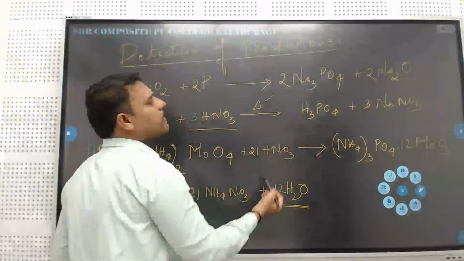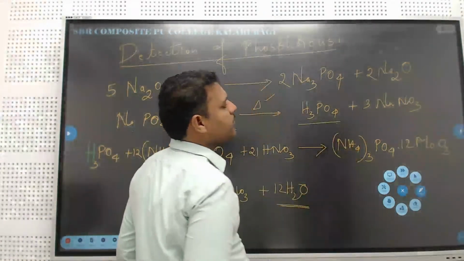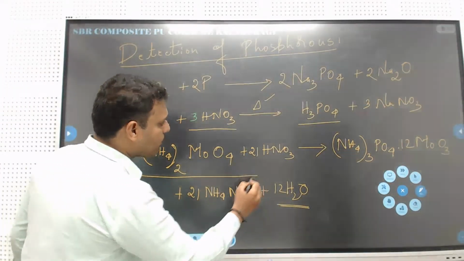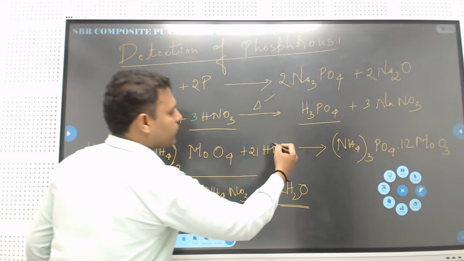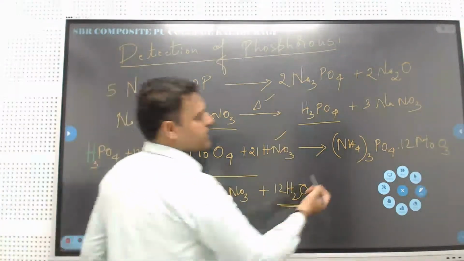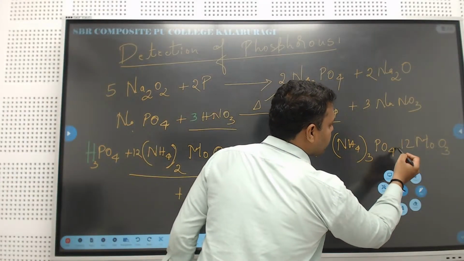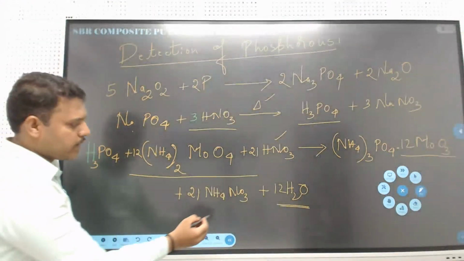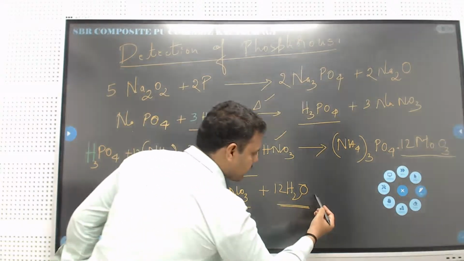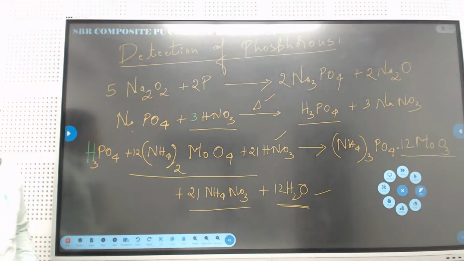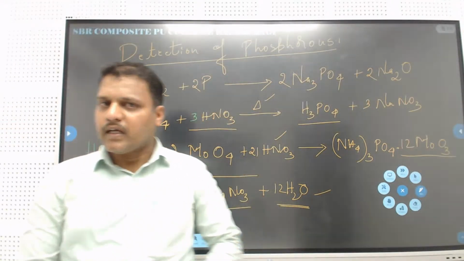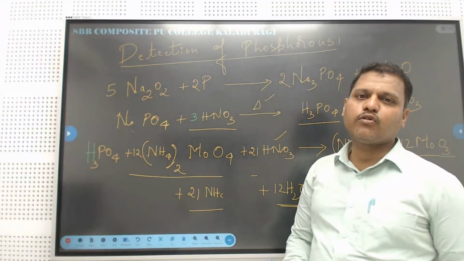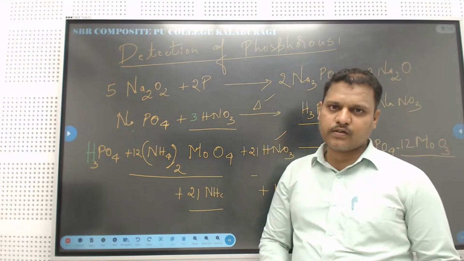On boiling, phosphate is converted into H3PO4, and on addition of ammonium molybdate solution along with HNO3, phosphorus is converted into ammonium phosphomolybdate with 12 molecules of MoO3, along with the formation of ammonium nitrate and H2O. So this was all about the detection of elements like carbon, nitrogen, sulfur, halogens and phosphorus. Thank you.